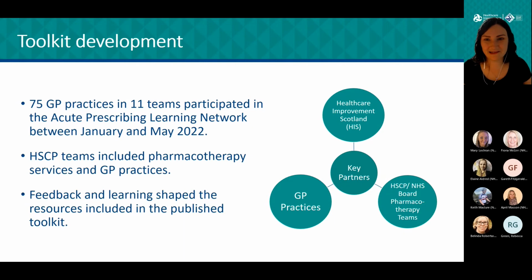For some teams that was at HSCP level or occasionally at board level, and for others it was at practice level. So the toolkit has been designed so the resources can be used for either approach, so they could be used in one practice or on a bigger scale.